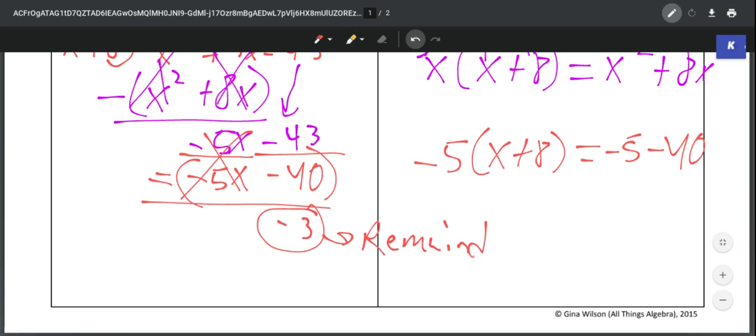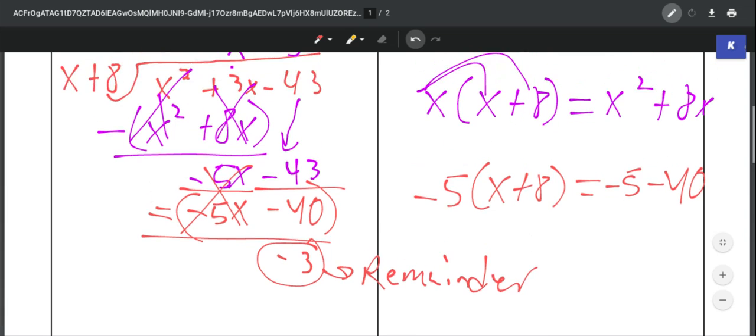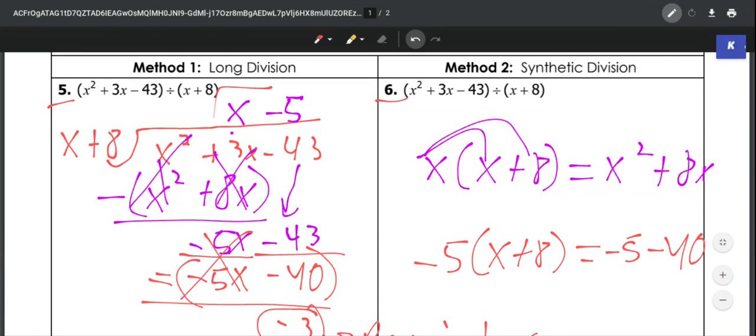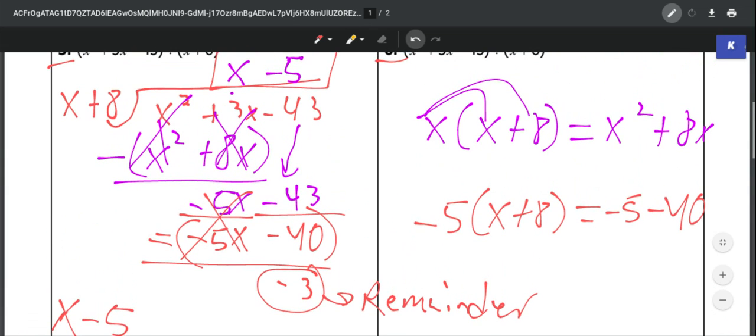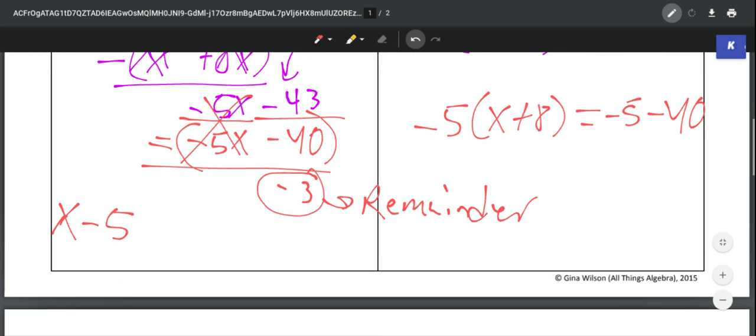And here's how we write that. Okay, so what you divided by at the top is part of your answer. That comes out just like you see it, x minus 5. Now, this remainder is going to go over what you divided by, which was x plus 8.